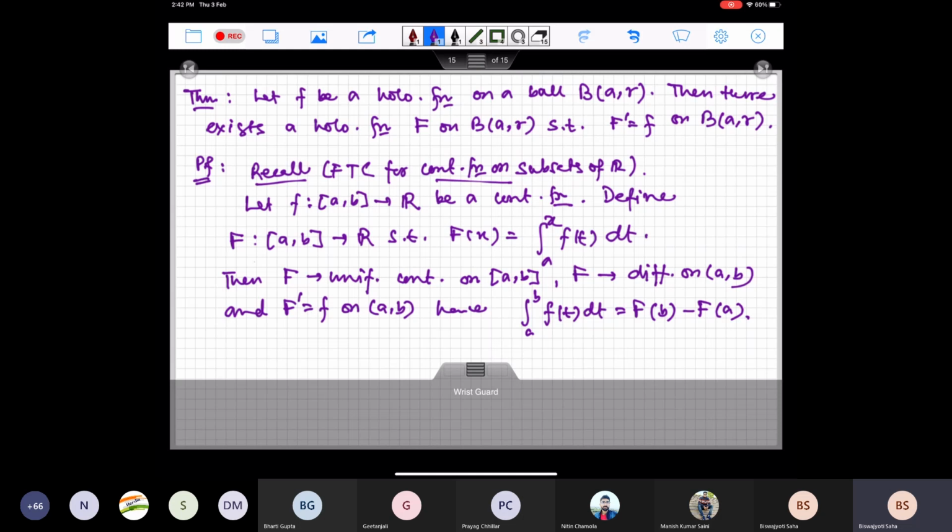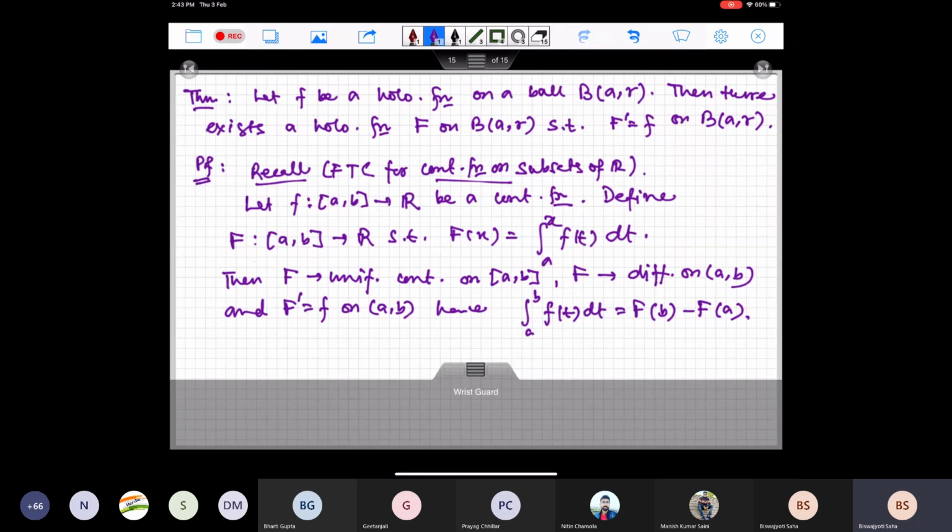So let us decide a starting point, let's say a, and then I said that if I take the integral from a up to x of f(t) dt, that's going to give me a function of x, and this function was differentiable and the derivative was giving me this function little f. Okay, so therefore we are going to do a similar thing over here. We are going to define our primitive in a similar fashion.